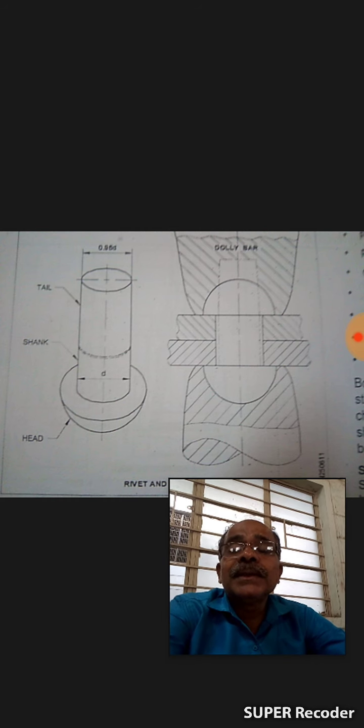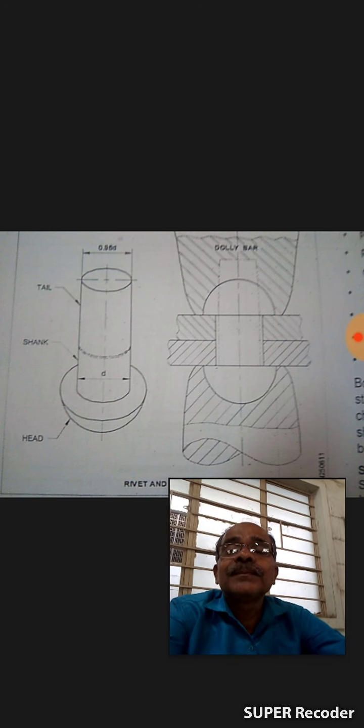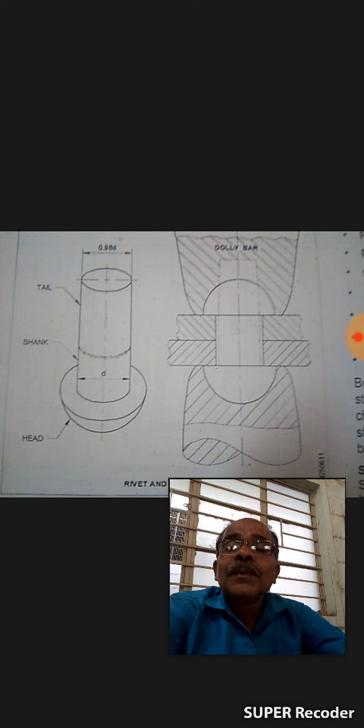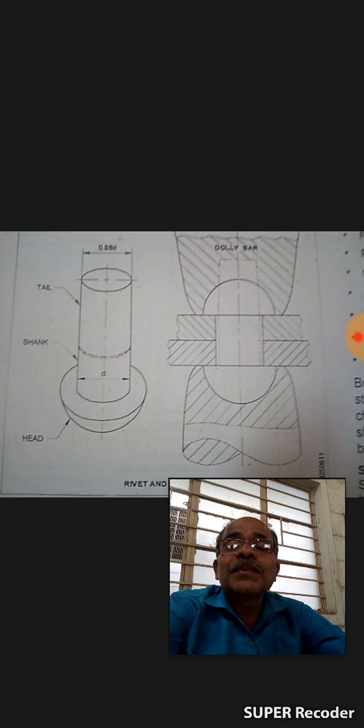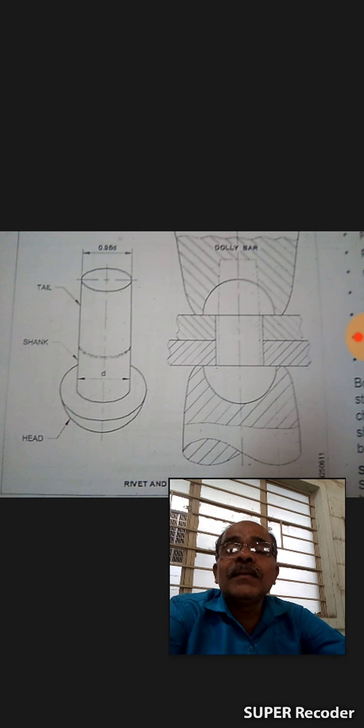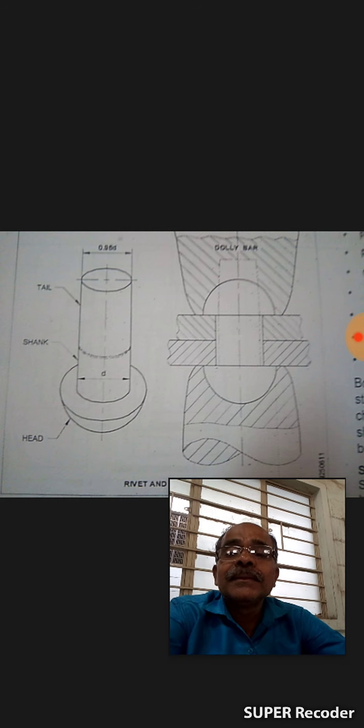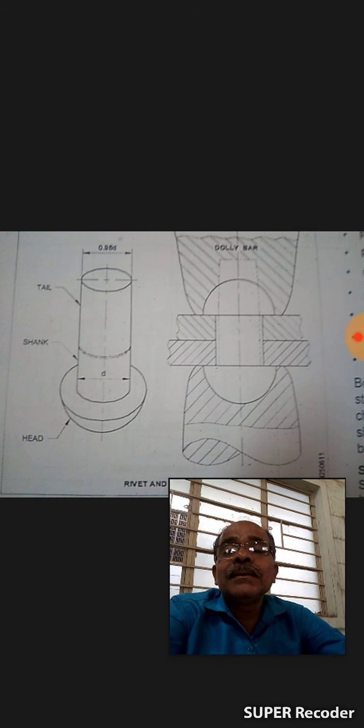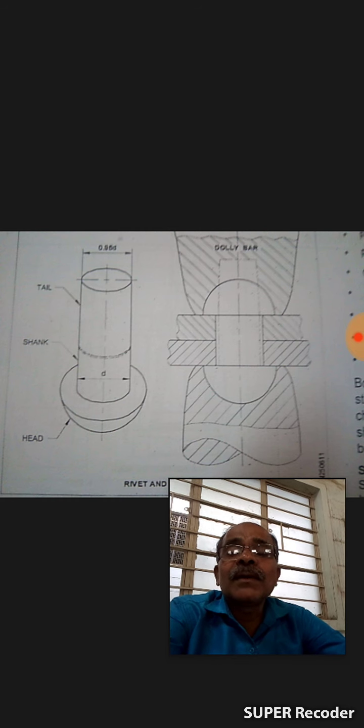That's why a rivet makes a permanent fastening. On the occasion of dismantling, it should be destroyed. That's why the rivets fall under the category of permanent fasteners.